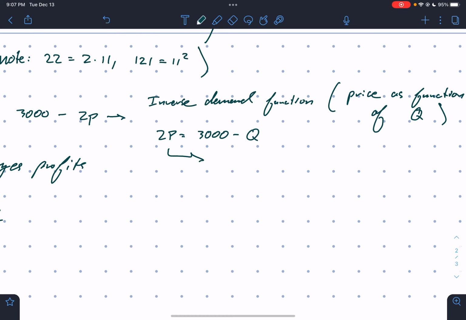So given this, I get P is equal to 1,500 minus Q over 2. So this is the inverse demand function.